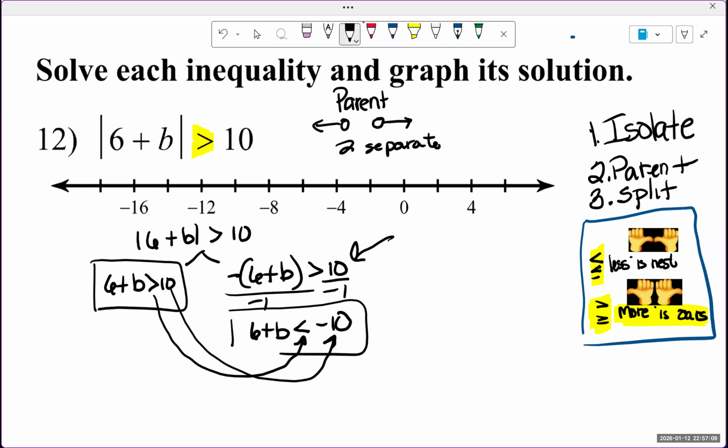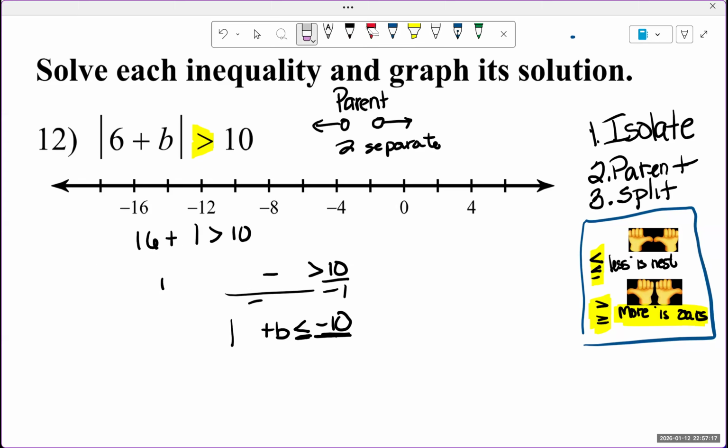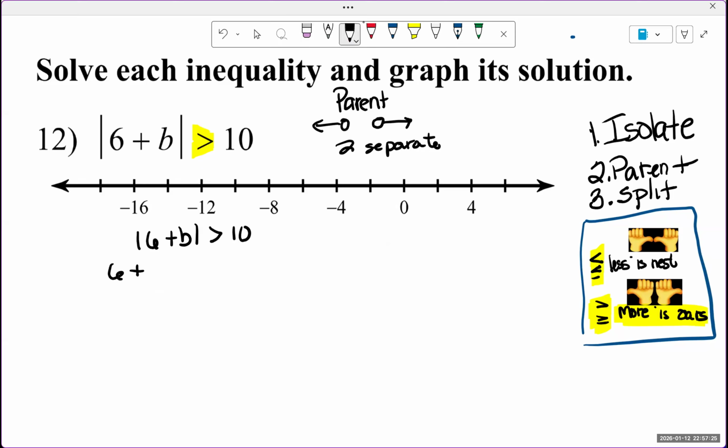Just come straight down. And then we're going to say switch, switch. Okay, so let's do it again. 6 plus b greater than 10. 6 plus b less than -10.